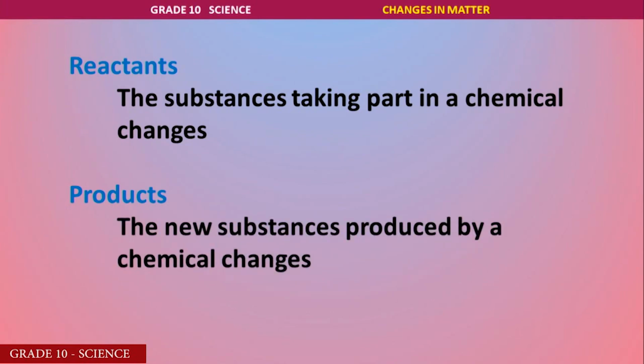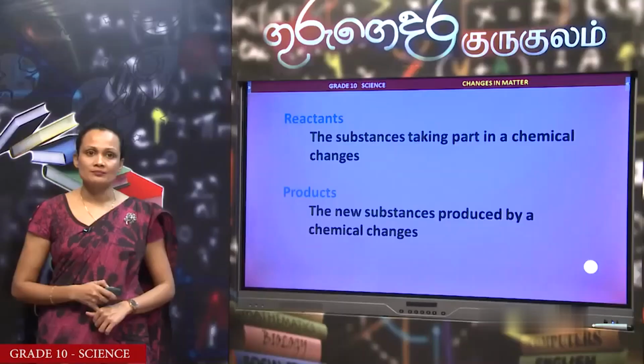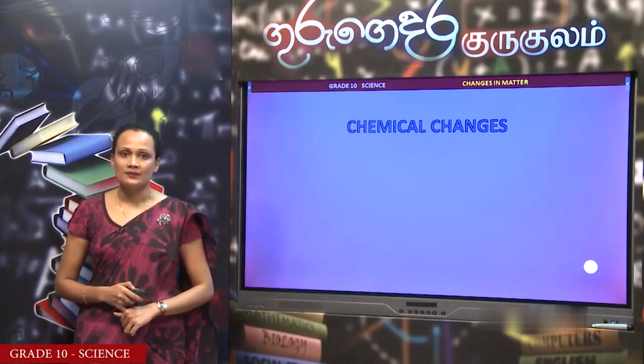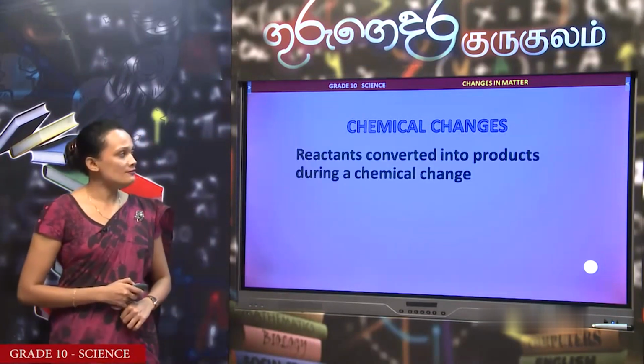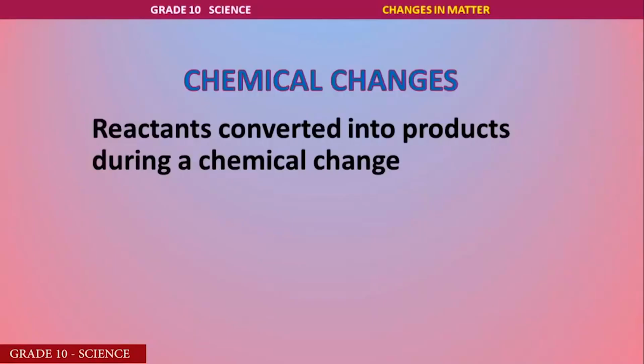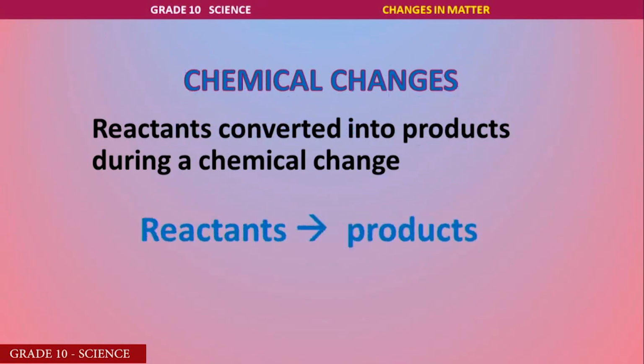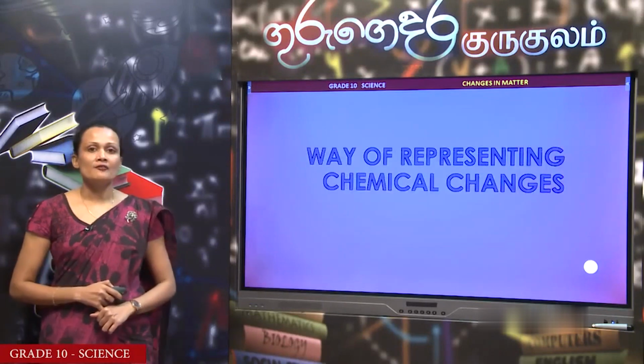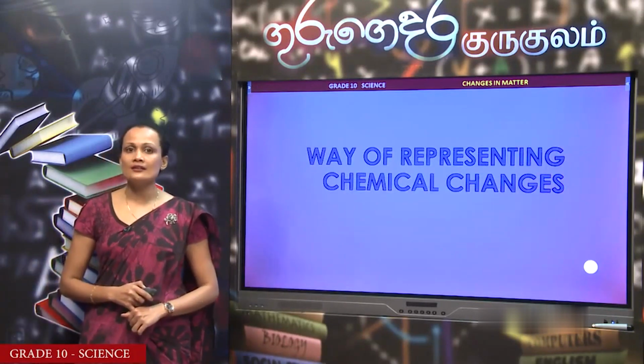The new substances produced by a chemical change we consider as the products. In a chemical change, the reactants are converted into products. So we can represent it like that. Likewise, we can represent chemical changes in different ways.